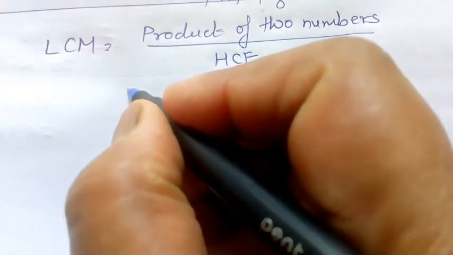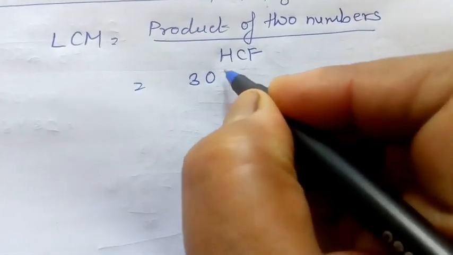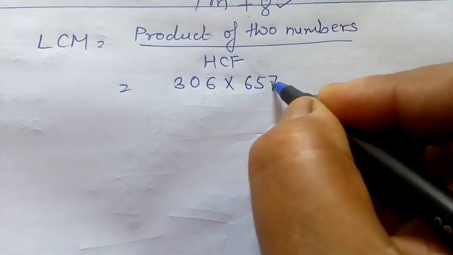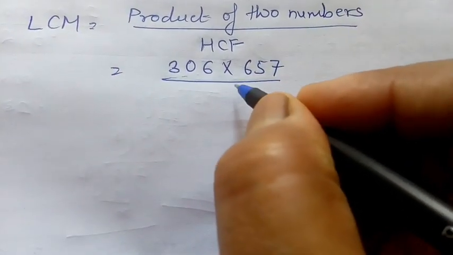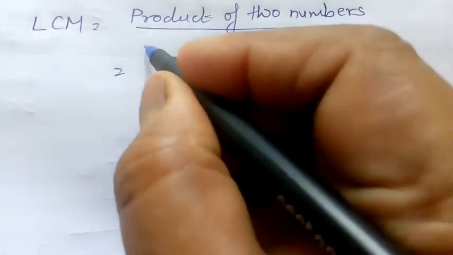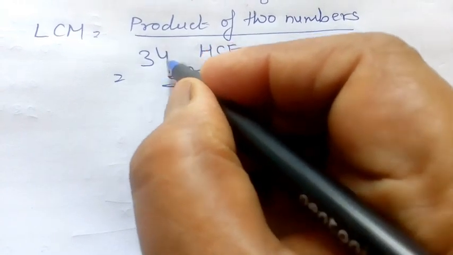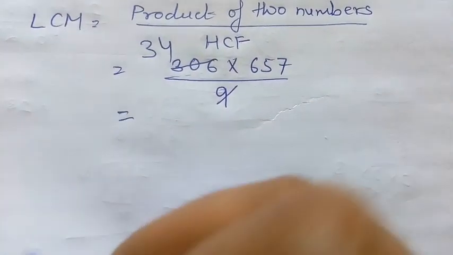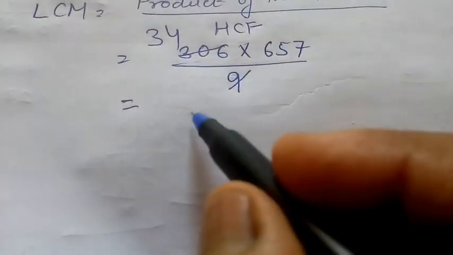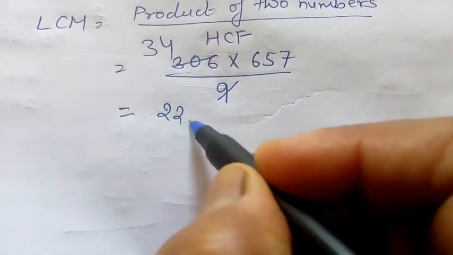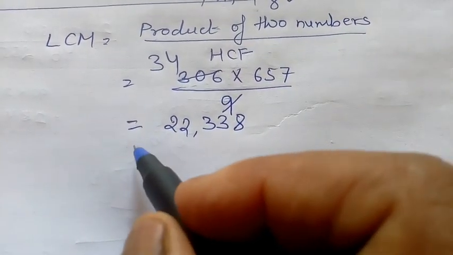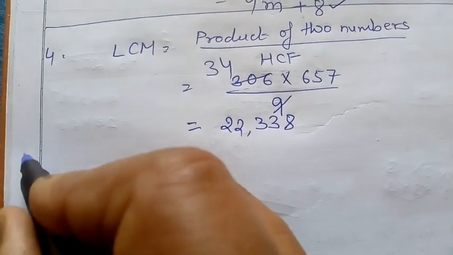Two numbers are 306 and 657 and HCF equal to 9. 9 cancel this, 9 3s are 27, 9 4s are 36. And multiplying these two numbers, we will get the LCM, 22,338.